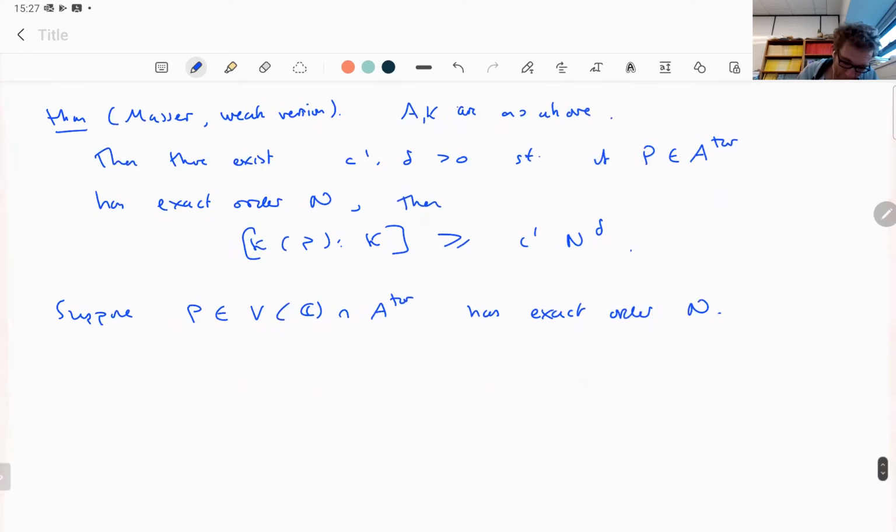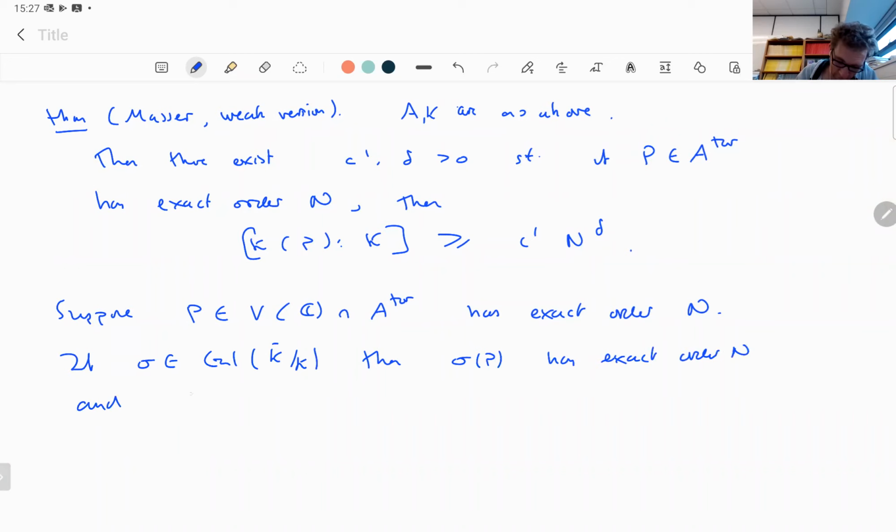If sigma is a Galois automorphism, then sigma of the point has order n as well, and lies in V, because V is defined by equations with coefficients in K. So this Galois automorphism sends a point like this to another point like this.